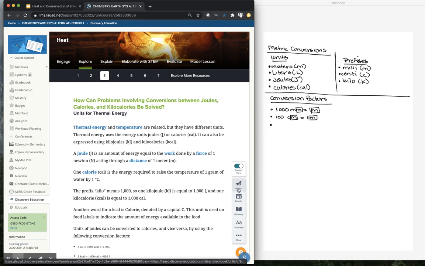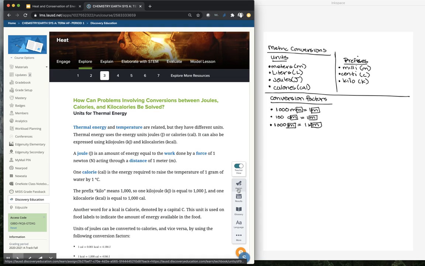And the third commonly used conversion factor is, I'm going to do 1,000 meters is equal to 1 kilometer. Again, any of those boxed off areas can be replaced with any of the units above.